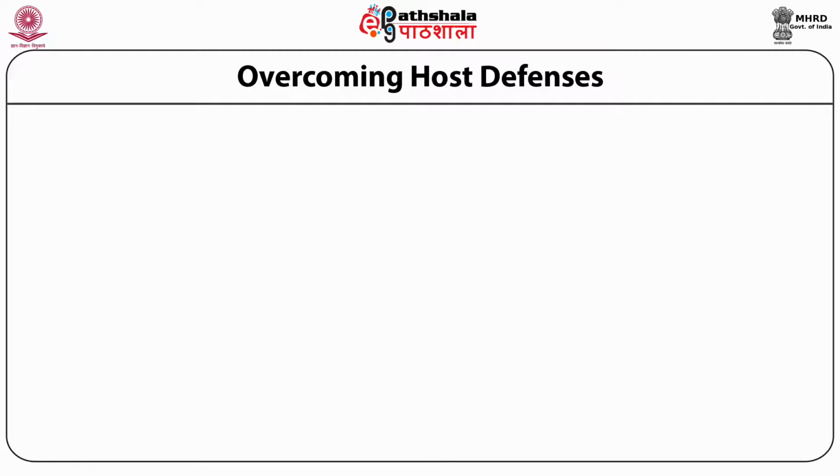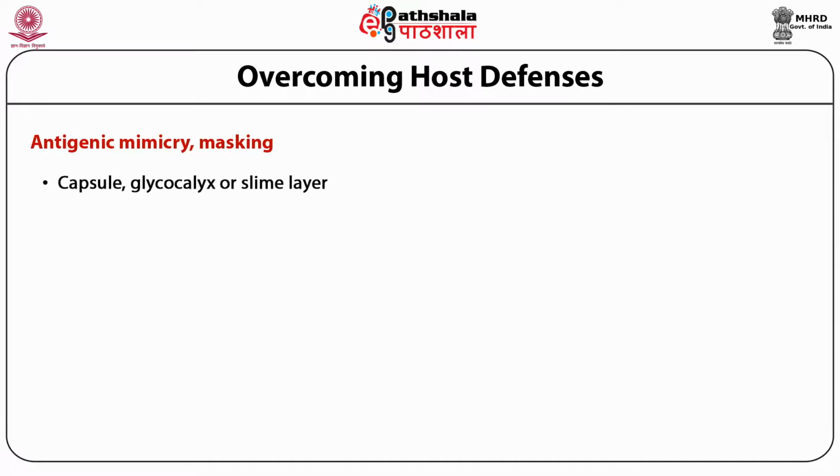So the pathogen has to win against the host defense, has to overcome host defense. Only then can it survive inside the host and cause disease. For this, pathogens adopt many strategies such as antigenic mimicry, antigenic masking. So the bacteria will coat itself with a certain kind of matrix, a certain kind of slime layer, and this coating mimics that it is a part of the body itself.